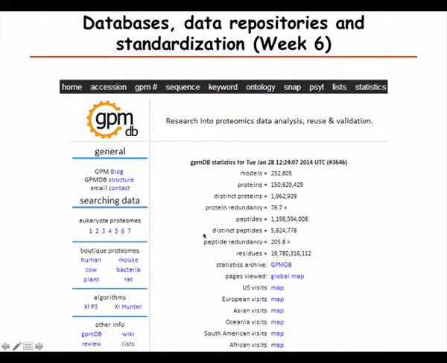This is a database developed by Ron Beavis, and he collects public data from the public domain. It contains a lot of different experiments. This is about a year old, but now it's almost 300,000 experiments from people all around the world that have been collected.